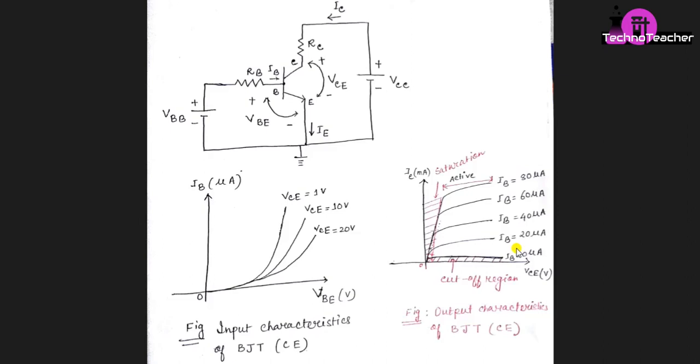So, in the base region, the possibility of recombination of electrons will be less, and therefore more number of electrons will move from this base region to collector region, and more and more IC current will be generated.